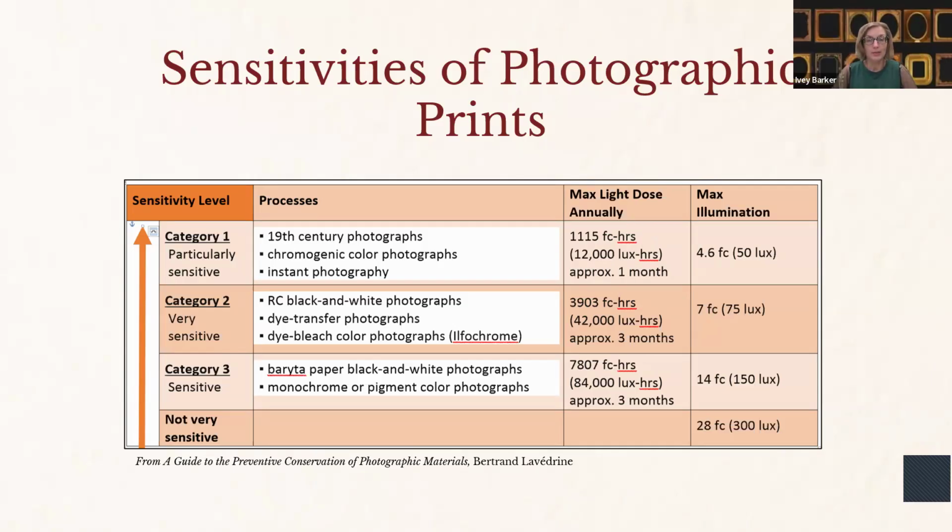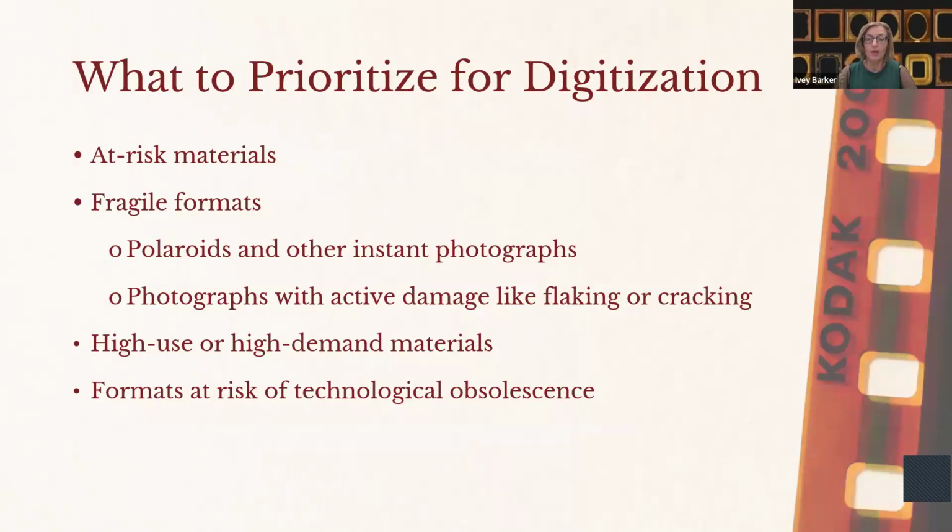I will say in the previous slide that Kaitlyn covered, yes, you should prioritize photographs that have some sort of damage, but there are levels of damage that are safe. If your photographs are just starting to flake or have some minor cracks, but are still stable and you're not actively losing emulsion, then you can digitize them safely.